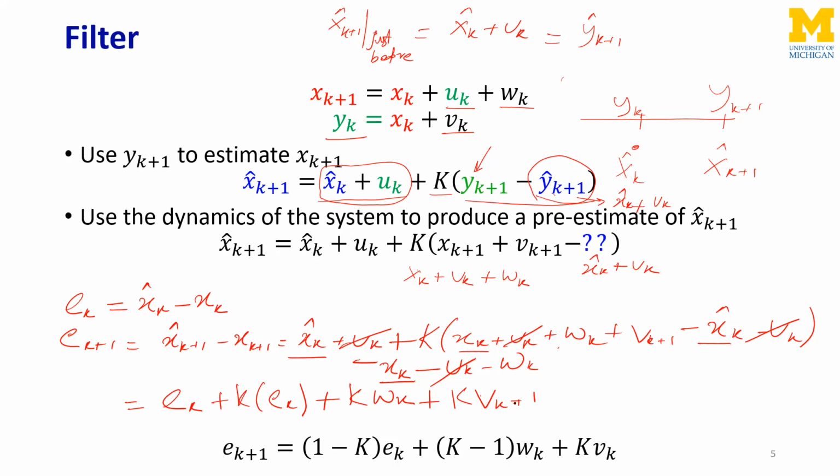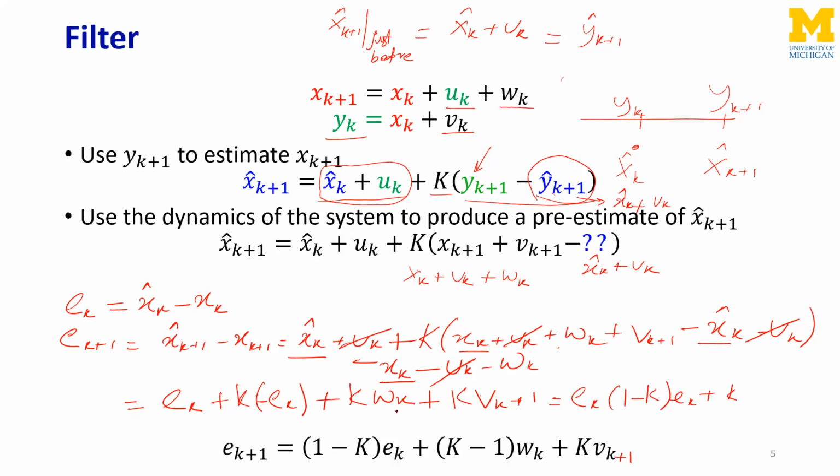Whoops, I was supposed to get a plus 1 here. Okay, so let me just write vk plus 1. And we can collect these terms. So this was xk minus x hat k, so I'm going to get a minus here. So 1 minus K ek plus K, oops, I'm missing a w.